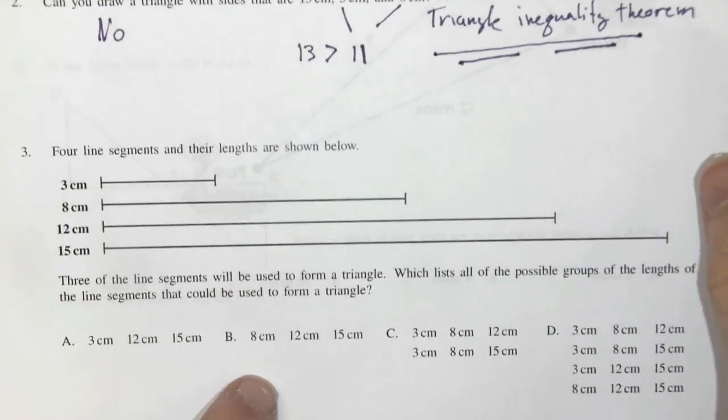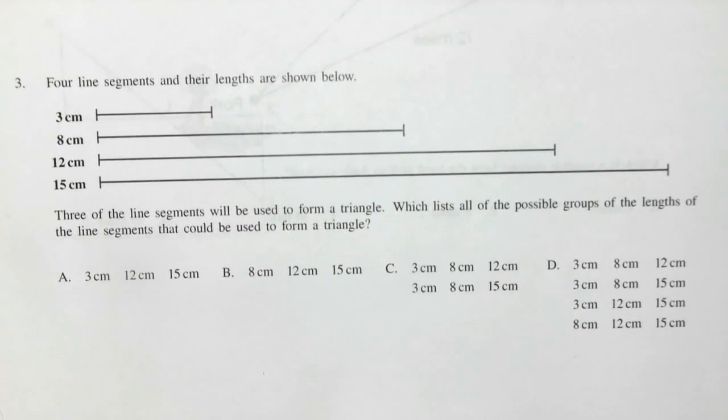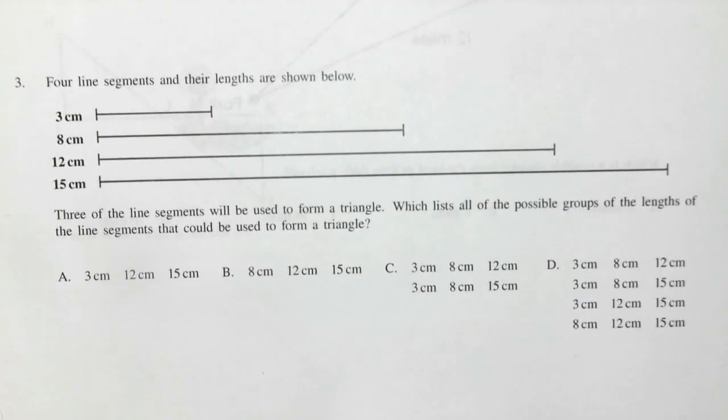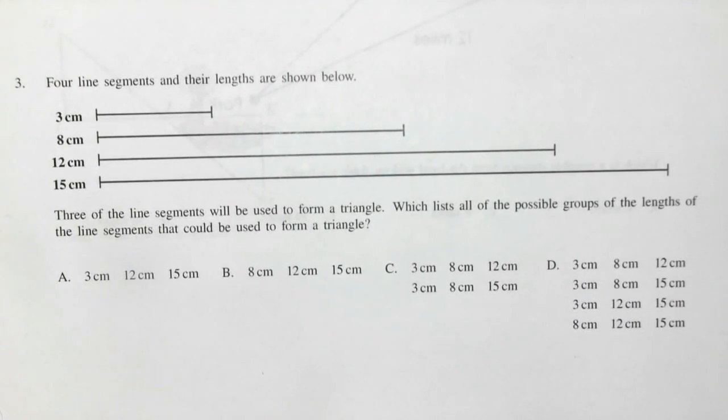Number 3 uses the same theorem. It says 4 line segments and their lengths are shown below. 3 of the line segments will be used to form a triangle, which lists all the possible groups of the lengths of the line segments that could be used to form a triangle?